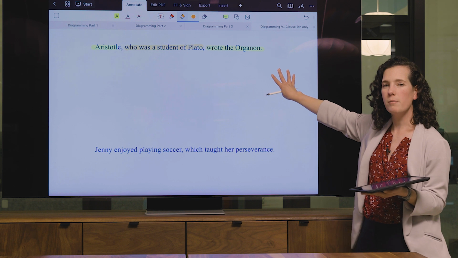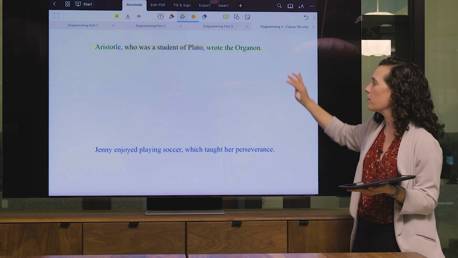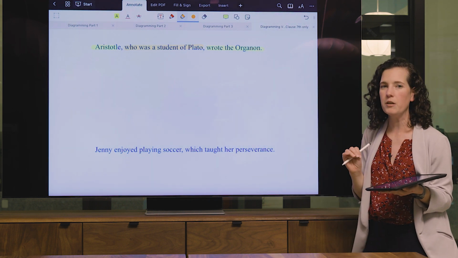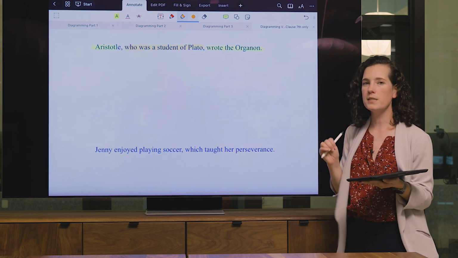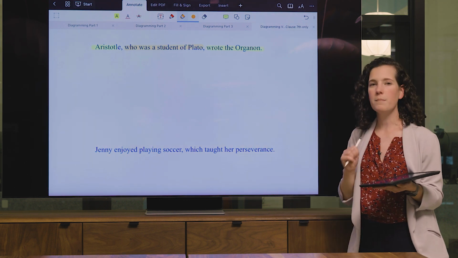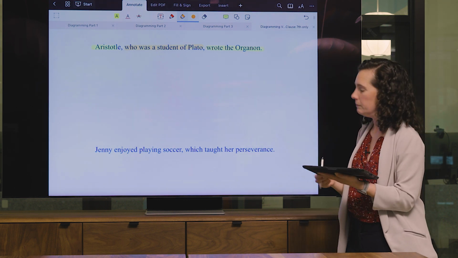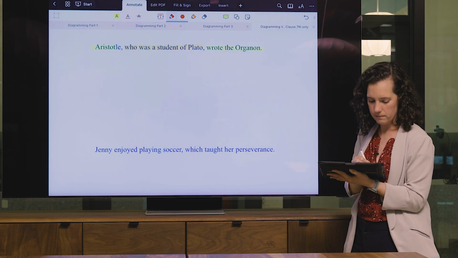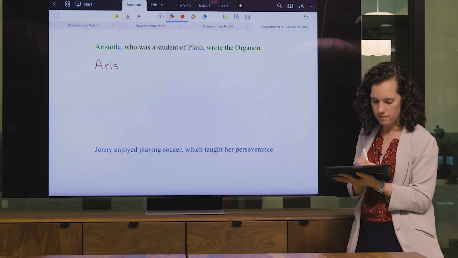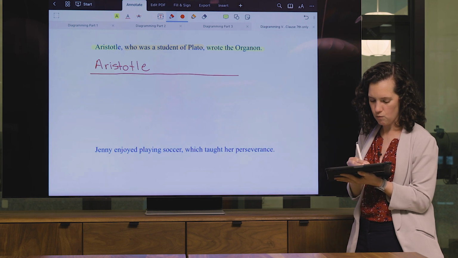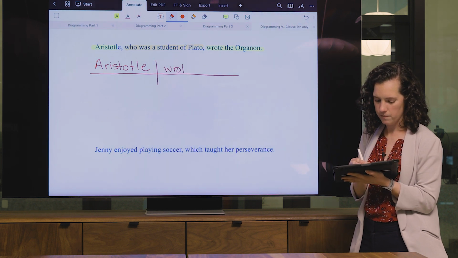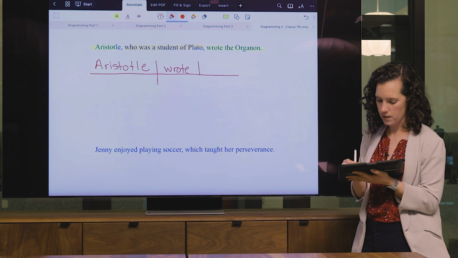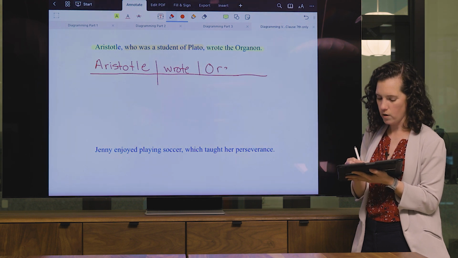You have to first be able to separate your dependent clause from your independent clause, which you should be learning about in your grammar class, and then you can diagram it. You always diagram the independent clause first. So we have Aristotle, wrote this book titled The Organon.